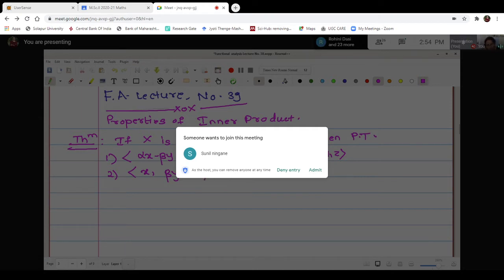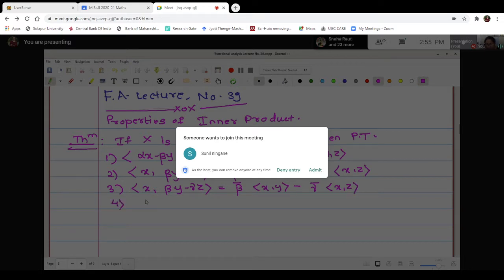Then our aim is to prove that this is beta bar inner product x with y plus gamma bar inner product x with z. Third, inner product x comma beta y minus gamma z is equal to beta bar inner product x with y minus gamma bar inner product x with z.